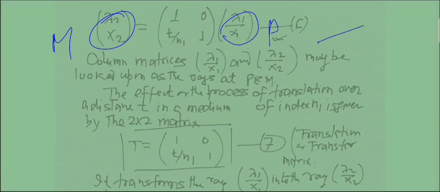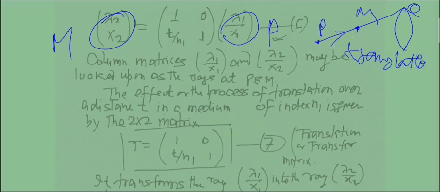From point P to point M there has been a translation, because the ray has travelled from P to M. While travelling from P to Q, it has first travelled from P up to M. So this is the matrix which represents it.